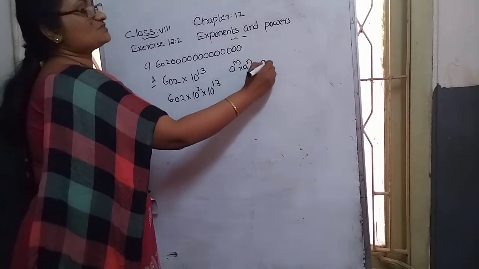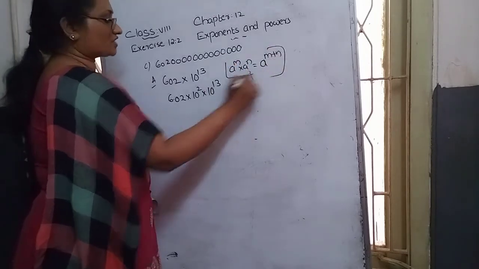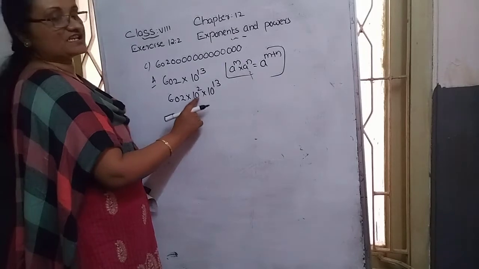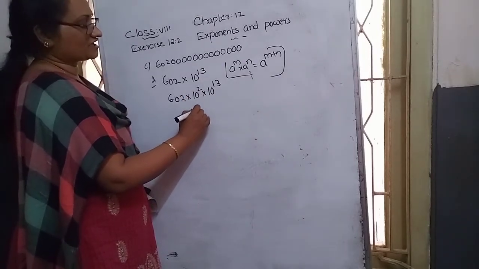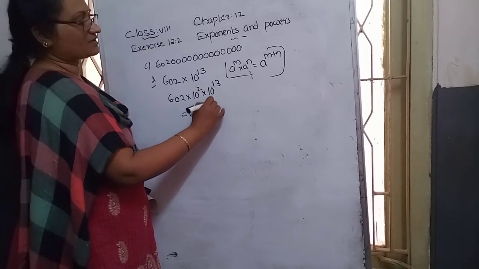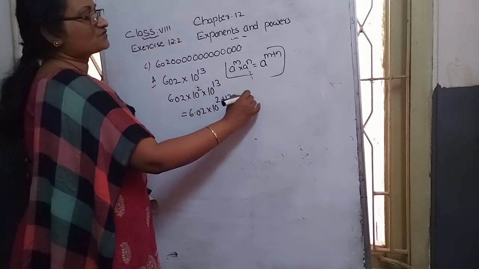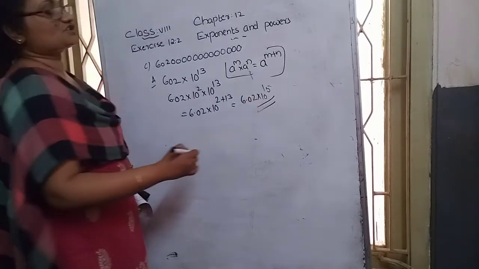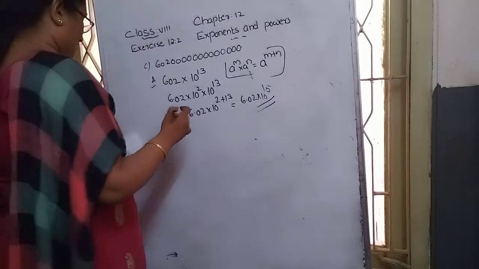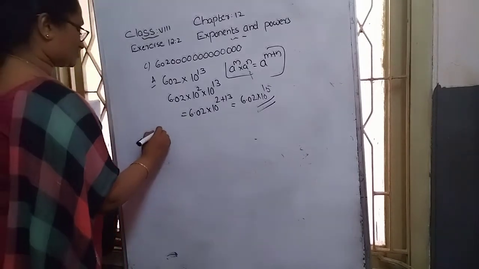Same base means write the base one time, and the powers m and n are added. Here also the base is 10 and the powers are added. So the answer becomes 6.02 into 10 power 2 plus 13. 2 plus 13 becomes 15, so 6.02 into 10 power 15 is the answer. Then with the same model, one more question.